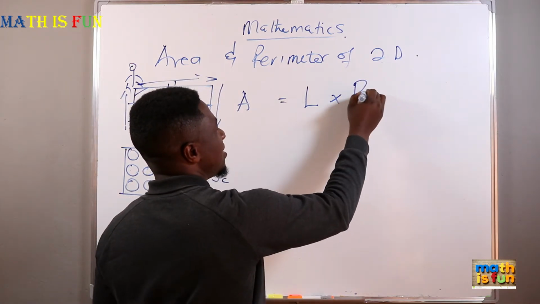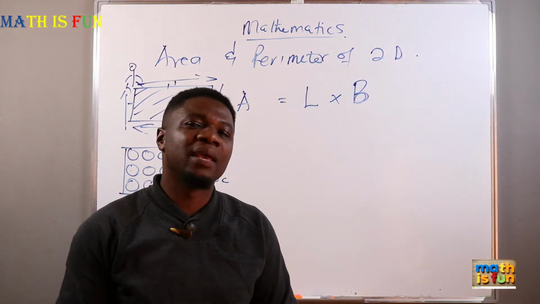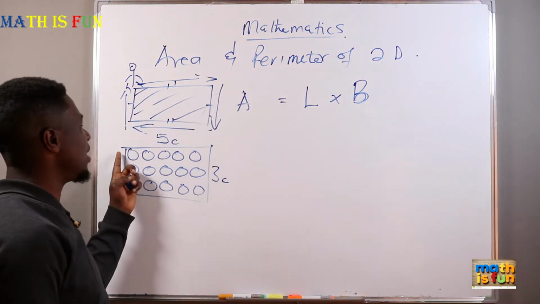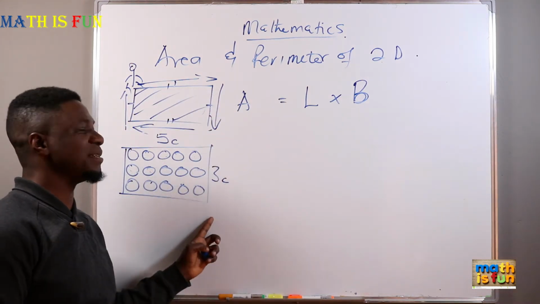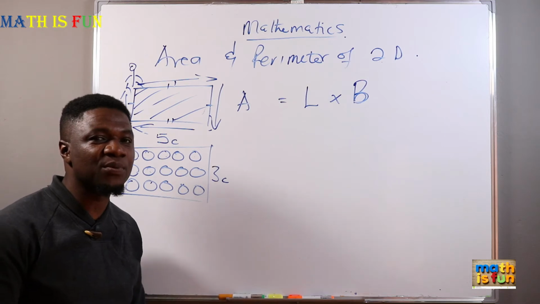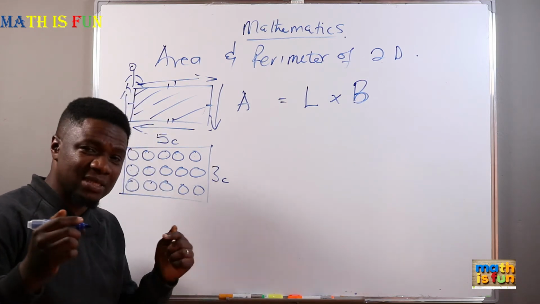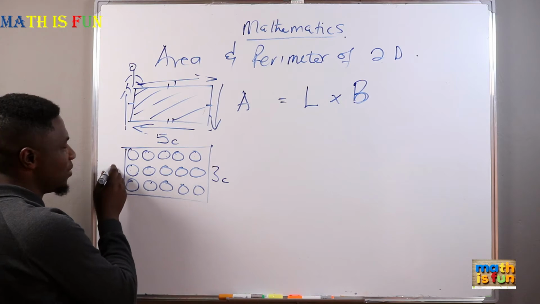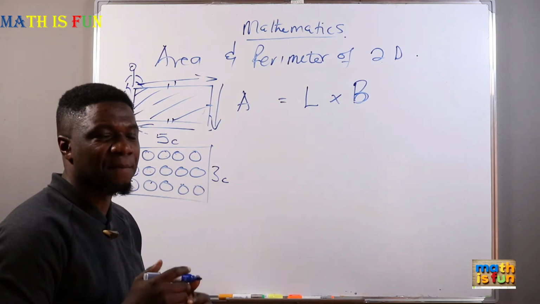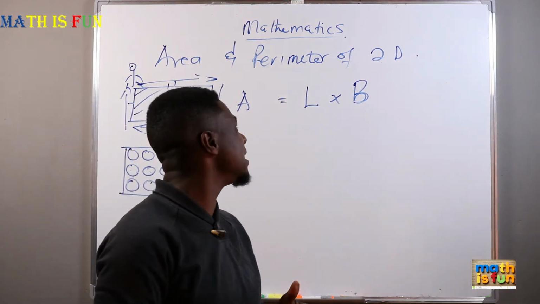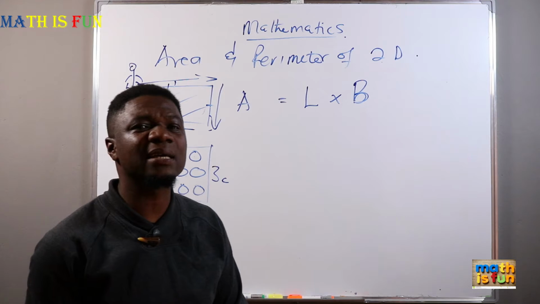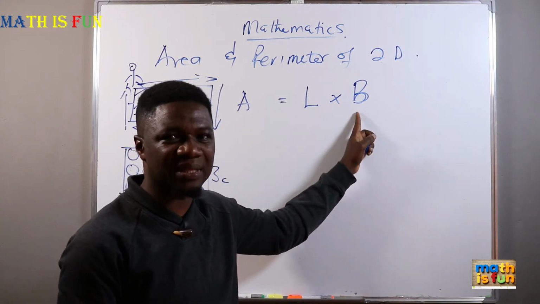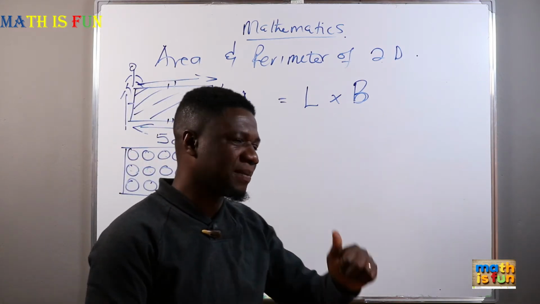Since this is capital L, L times B. So we multiply the longer side by the breadth. That is all that we want to do today. But in actual sense, we have length, breadth, length, and breadth. But the formula is denoted by saying that area of a rectangle is equal to length times the breadth. Okay, that is good.